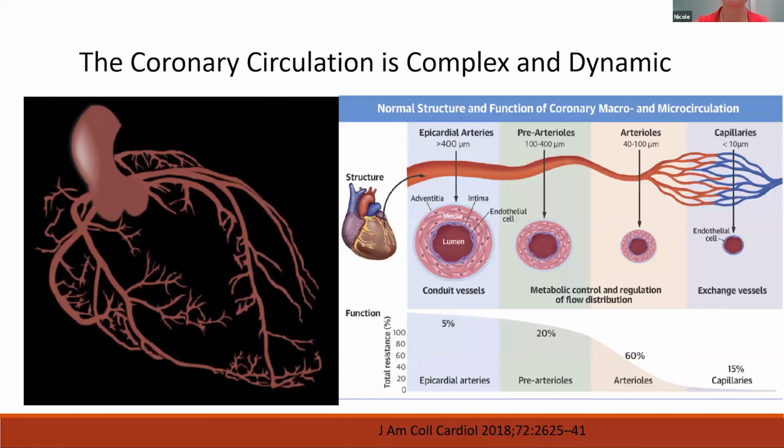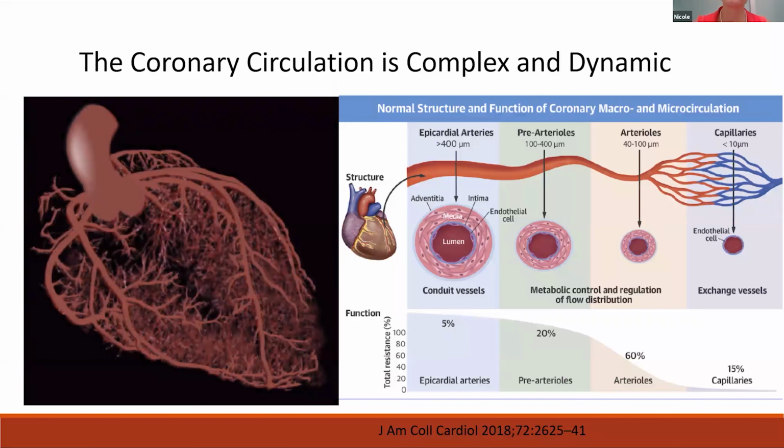However, we're focusing on epicardial vessels, which we can easily see on angiography, but yet contribute only 5% to the total resistance of the coronary circulation. It's really at the level of the arterioles and the prearterioles in which 80% of the total resistance of the circulation lies. It's really here where we start to regulate blood flow.